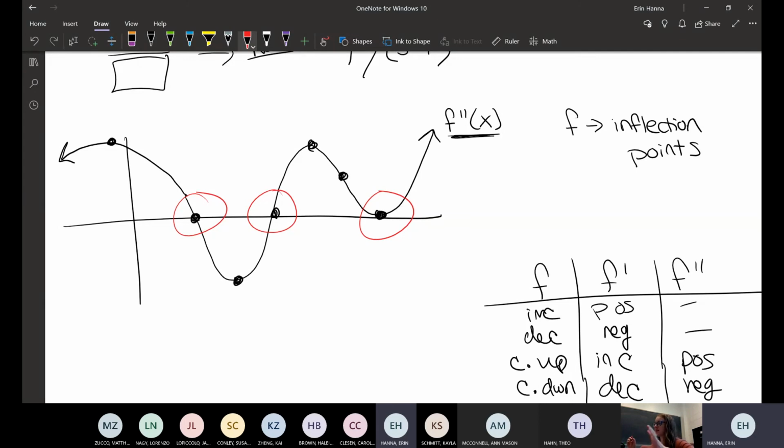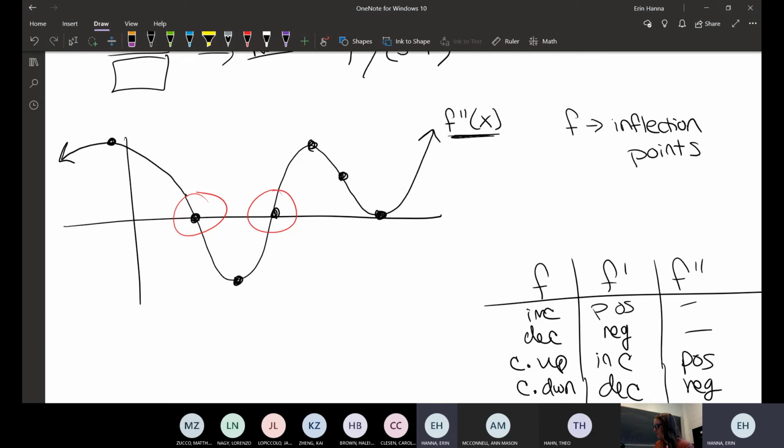But not only does the second derivative have to be 0 at that point, it also needs to change sign. It must change from positive to negative, or vice versa, for there to be an inflection point on the original function. So the only two that actually change sign are those first two. Because that last one just touches the x-axis, but then goes back up again, so it doesn't change sign.